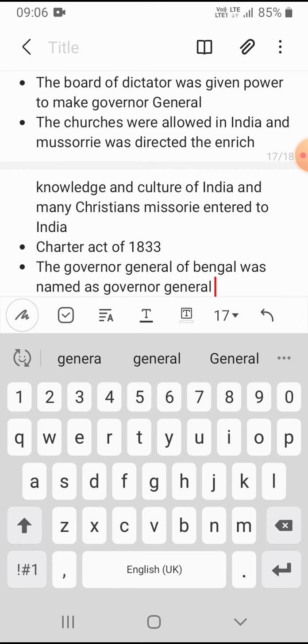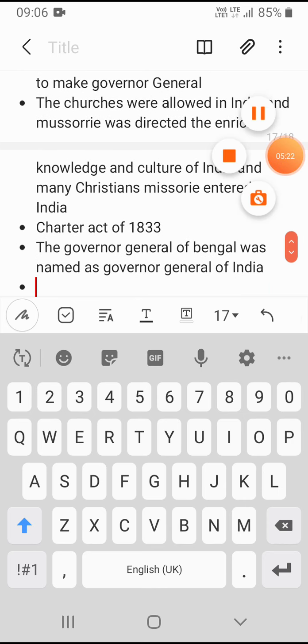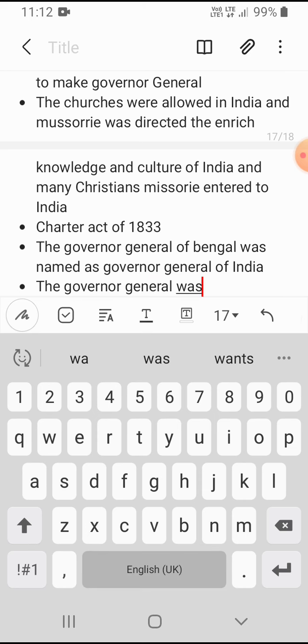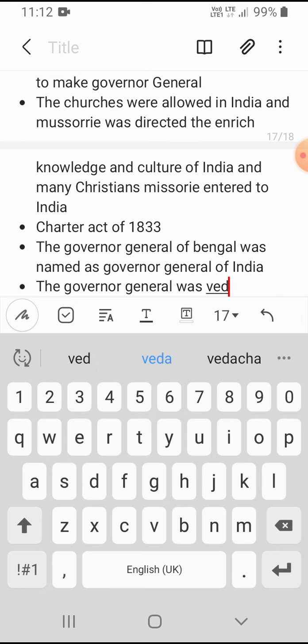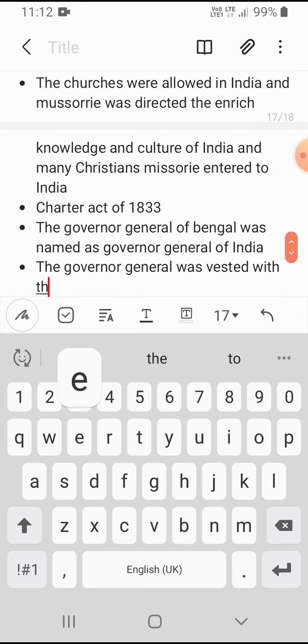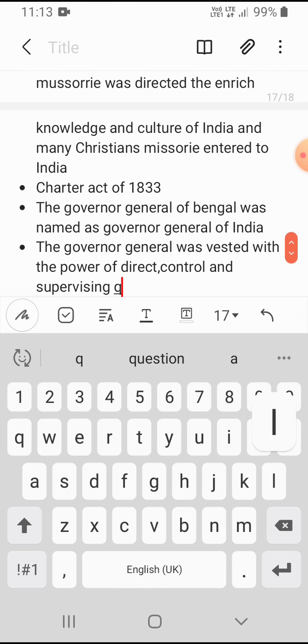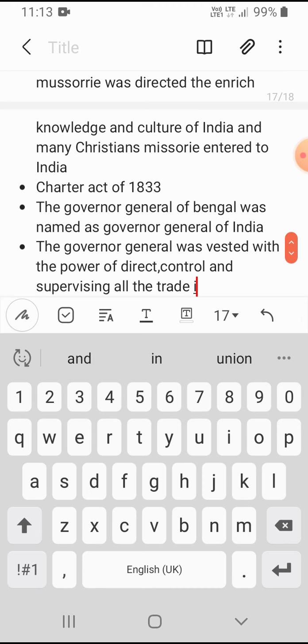The Governor General was vested with the power of direction. He had all the power and could control everything, as well as supervising all trade in India.